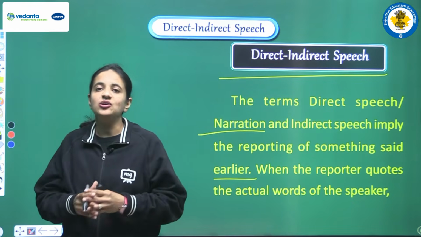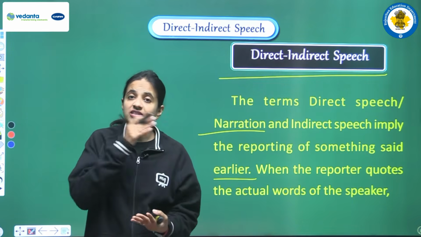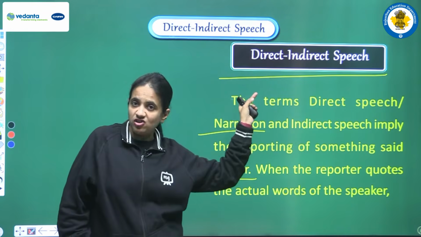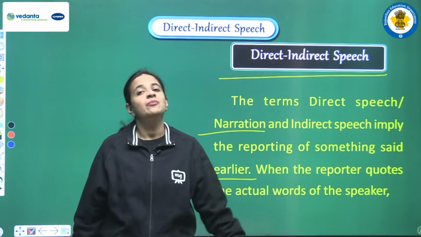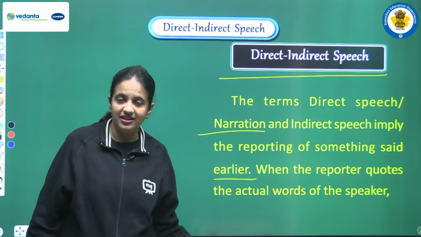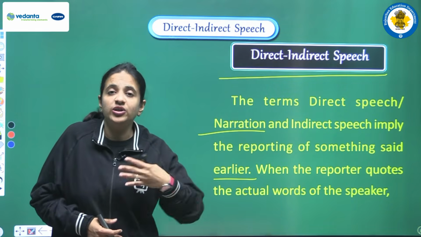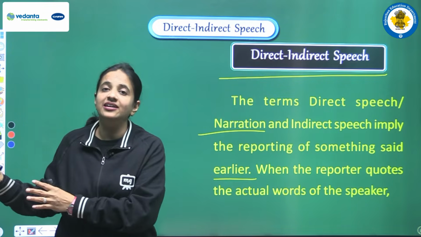So when we are quoting the same thing again, when we are repeating the same thing again, then we have two options. We can use the structure of direct speech, and we can use the structure of indirect speech also. But the important thing is that basically using direct and indirect speech, we are quoting once more what has been said earlier.